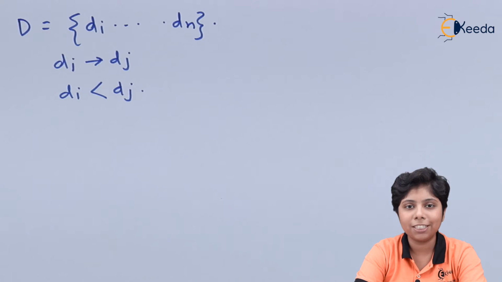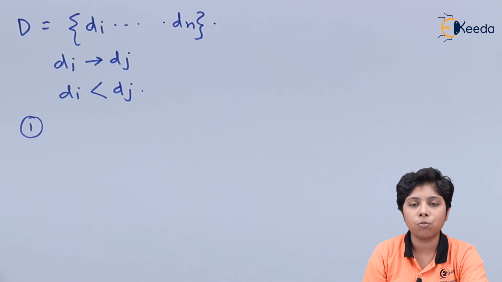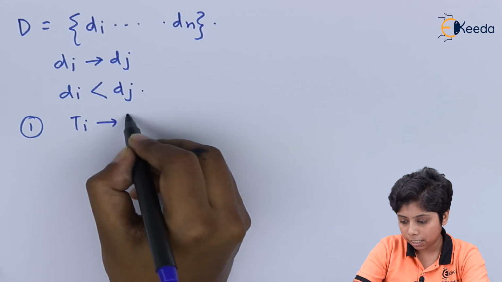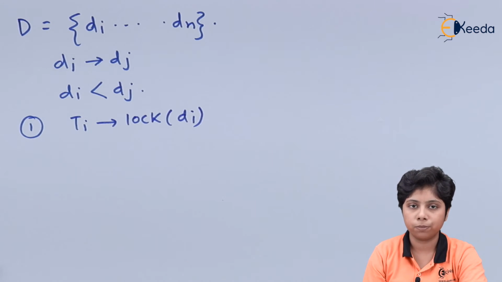So when we are mentioning a tree protocol, that will need the data items and the transactions. The first rule is that at the root of this data item, any transaction can have a lock on that data item. So Ti can get a lock on data item Di at the root node.